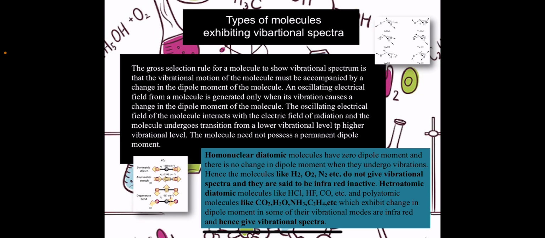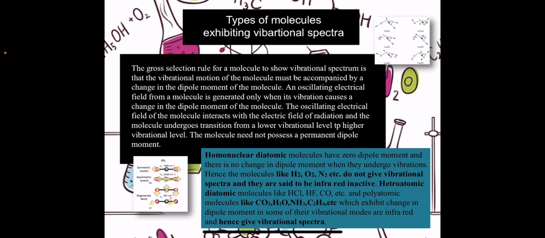The molecule need not possess a permanent dipole moment. Homonuclear diatomic molecules have zero dipole moment. So there is no change in dipole moment when the molecule undergoes vibrations. Hence the molecules like hydrogen, oxygen, nitrogen do not give vibrational spectra, and these molecules are said to be infrared inactive.